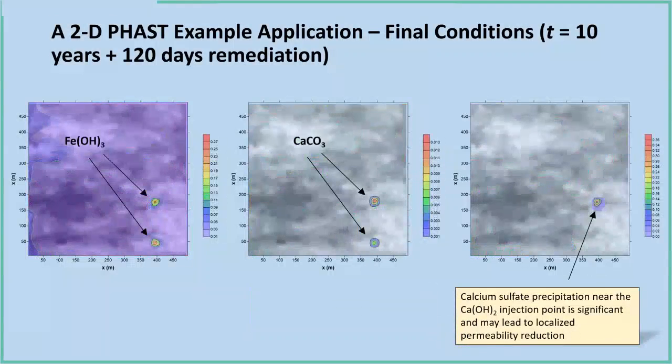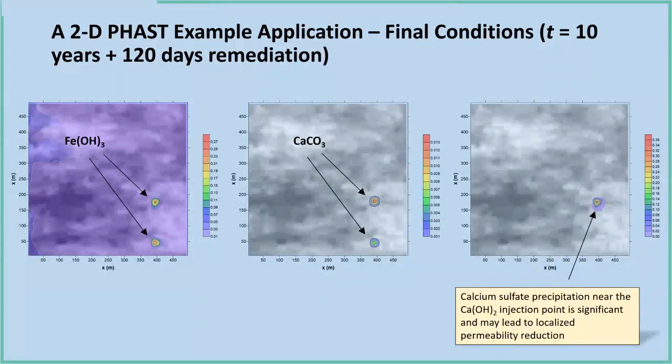This is where the difference can come in between using either calcium or magnesium hydroxides as reagents. These are basically the masses of different mineral precipitates that FAST predicted we would expect to find in association with the well locations.